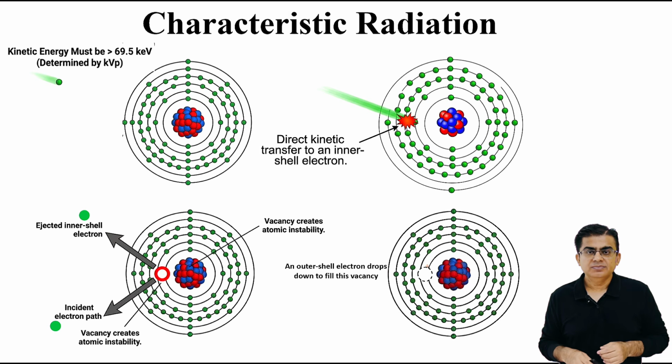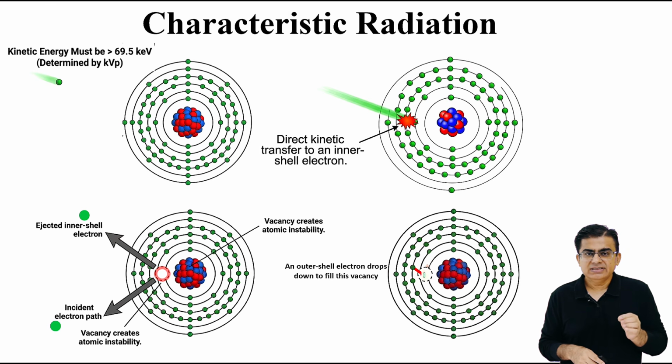Watch carefully. An outer shell electron drops down to fill that critical vacancy. But because it is moving from a higher energy state to a lower energy state, it carries too much energy to simply sit there.